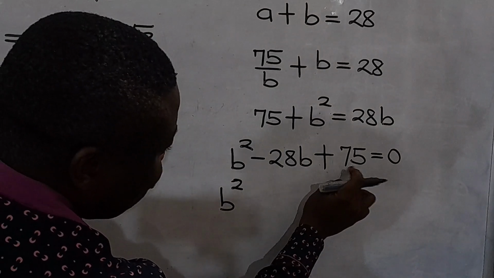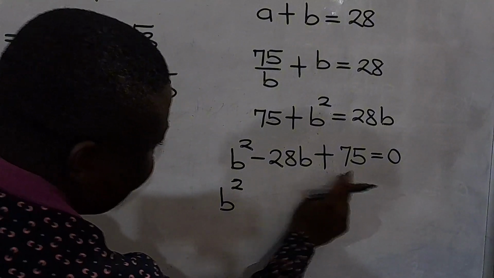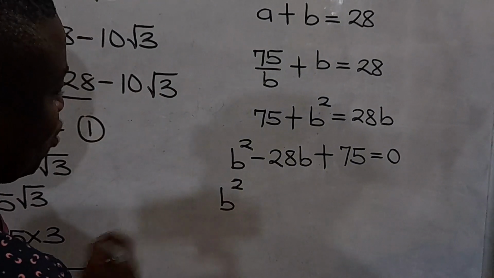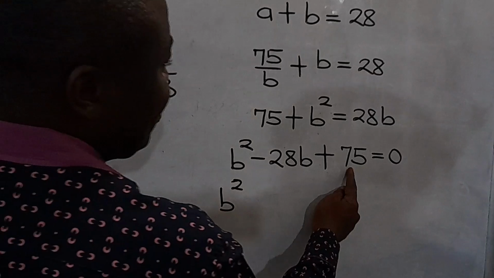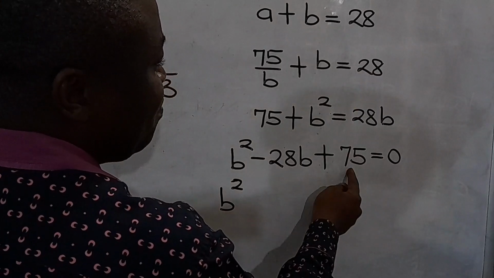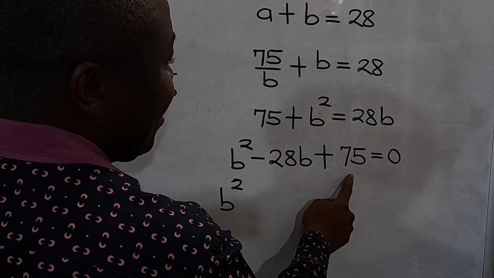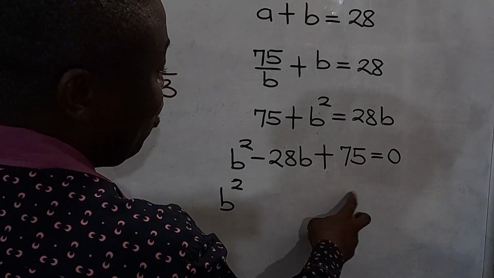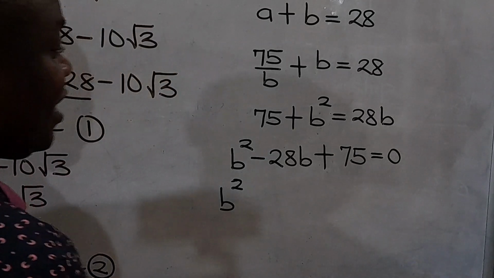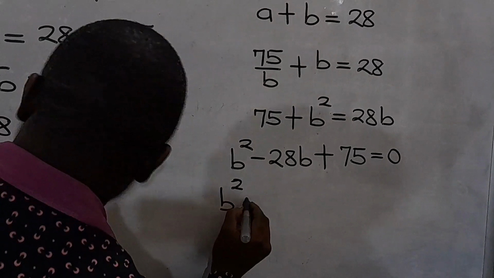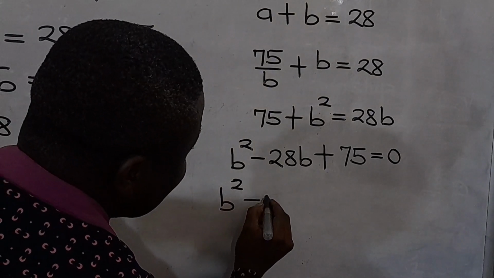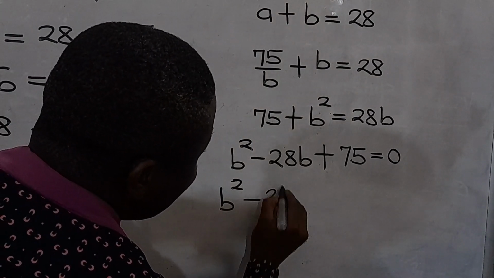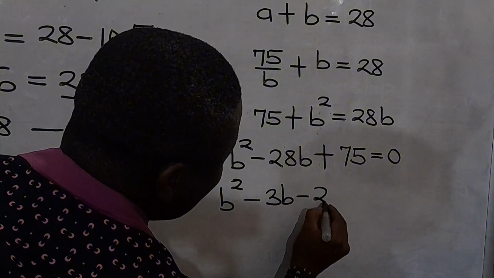I have two factors of 75 that will multiply themselves to give you 75, but they will add themselves to give you negative 28. So I have this should be 3b and 25b.